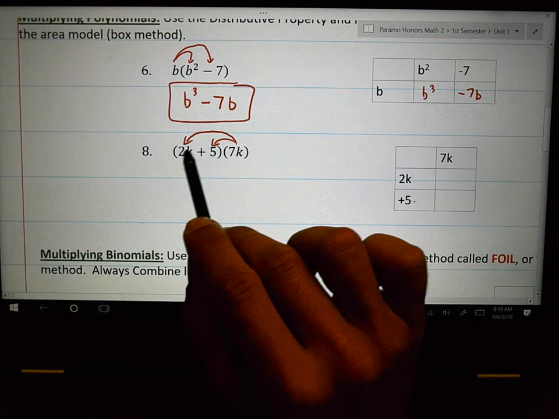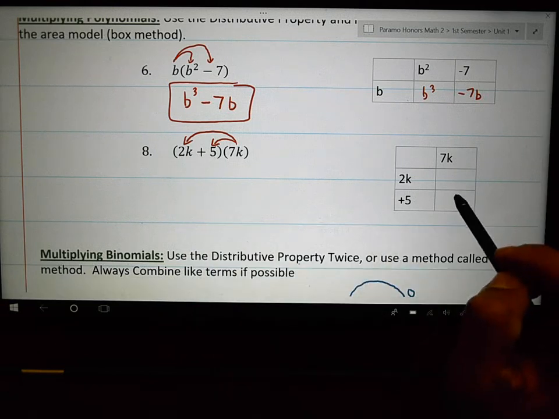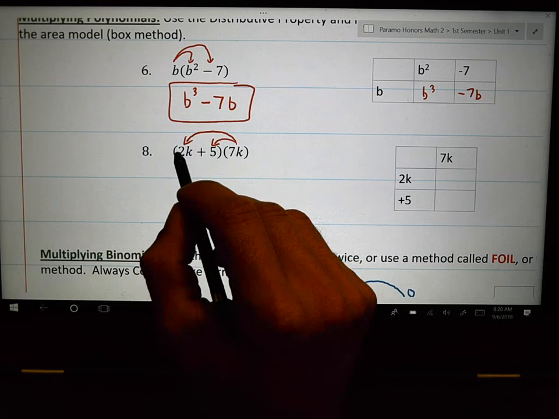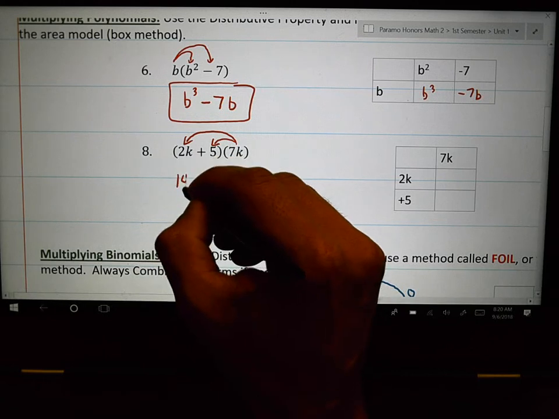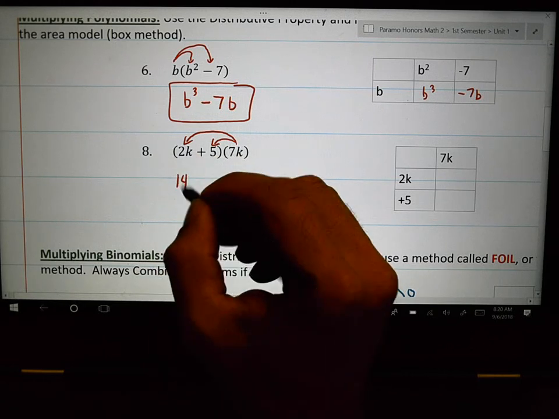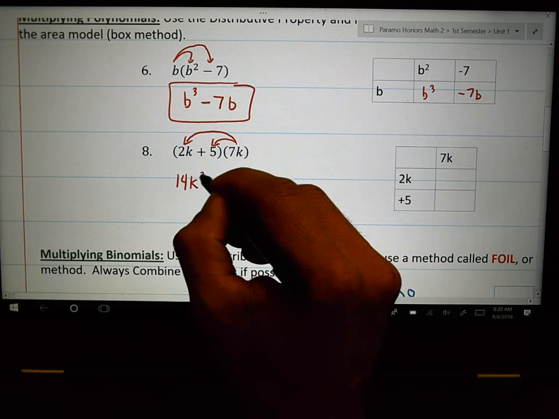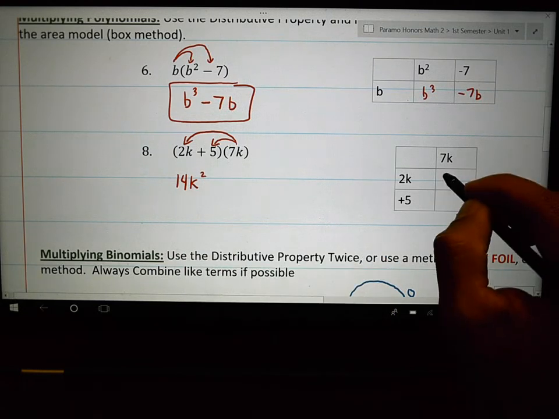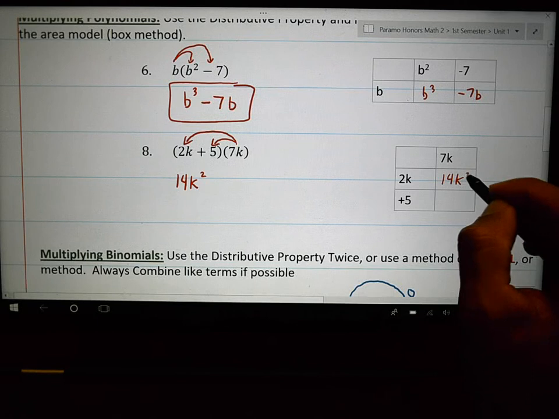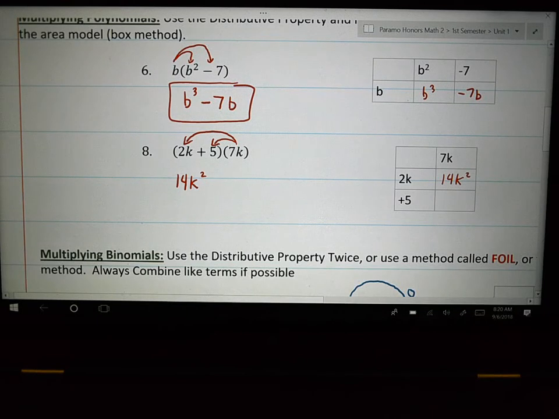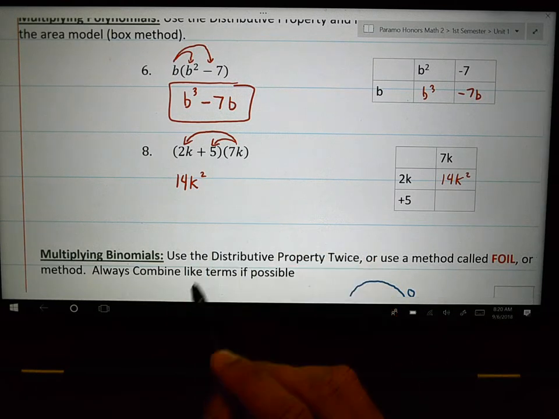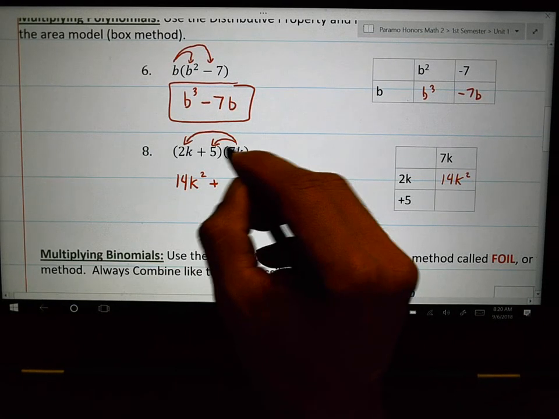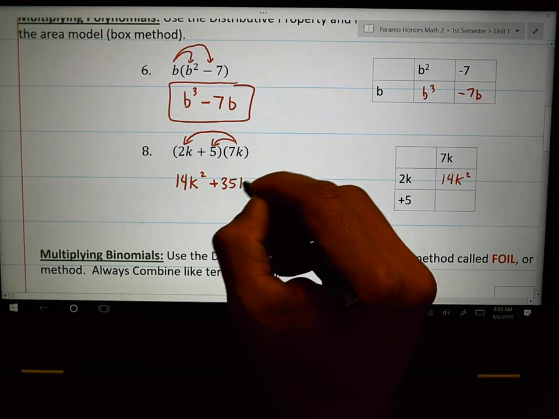If you ever get stuck, just think about what it looks like when you're doing the area model. 7k times 2k, 7 times 2 is 14. K times k, since you're multiplying, is k squared. That would be the same thing here. 7k times the plus 5, we would be adding 35k.